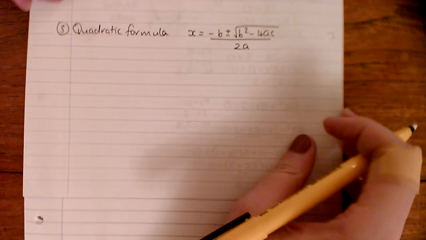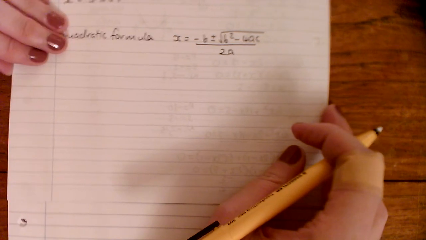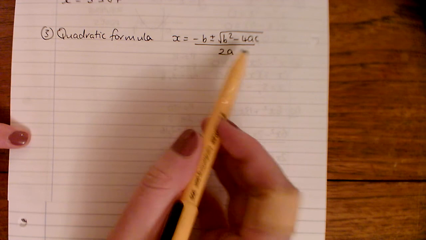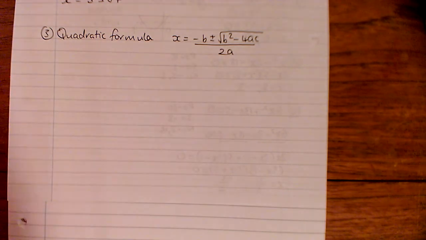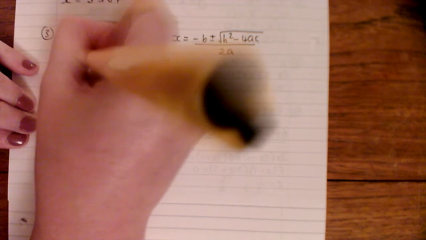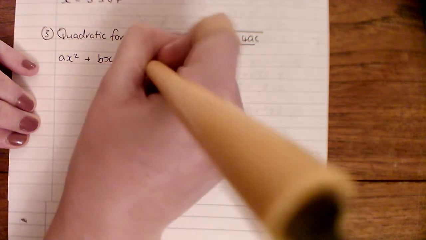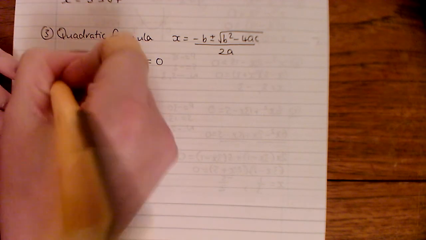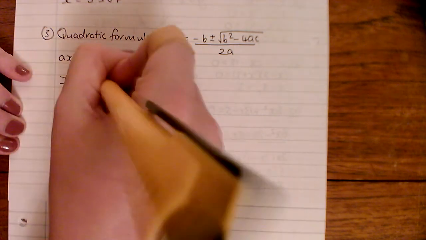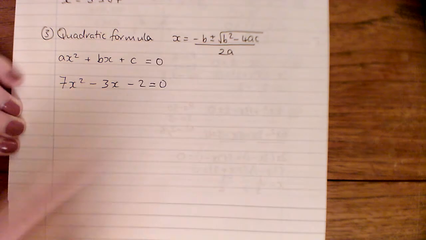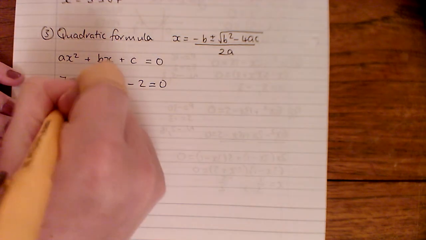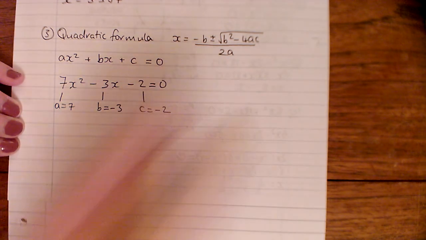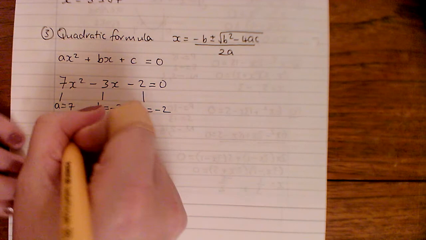Okay, the next way we can solve quadratics then is using the quadratic formula. So remembering that from GCSE, x equals minus b plus or minus the square root of b squared minus 4ac all over 2a, where a is our number in front of x squared, b is our number in front of x, and c is our constant. So if we look at 7x squared minus 3x minus 2 equals 0, our a is 7, b is minus 3, and c is minus 2.